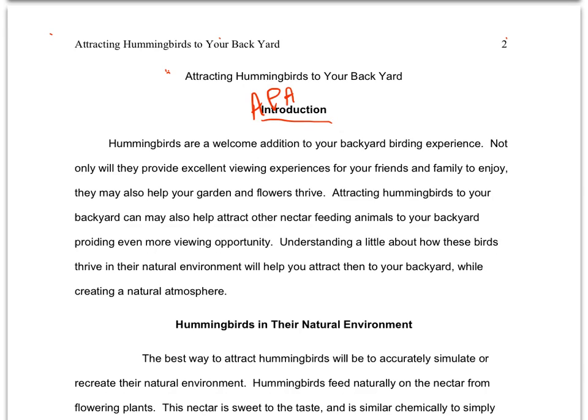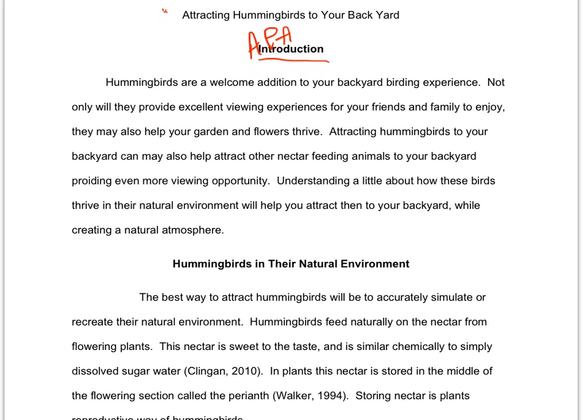So you would leave out the word introduction there and simply go from the title of your work right into your introduction paragraph. And when you do that, it automatically signifies to your reader that that is your introduction, because APA expects that there's an introduction in all of your works.